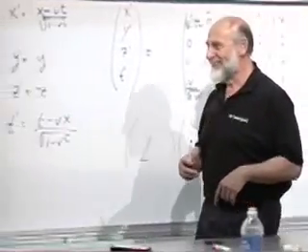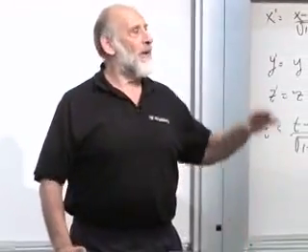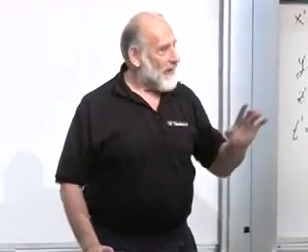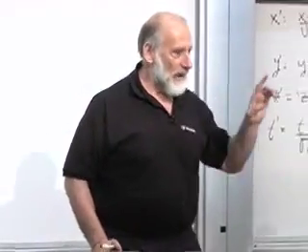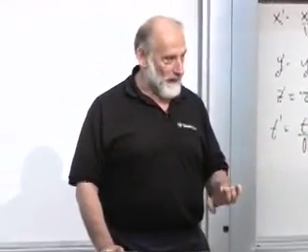V, me relative to you, u, him relative to me. Is that clear? I think you got it. All right. Then what's the transformation between him and you? What's the velocity that you will see him move with relative to you? Get me out of the picture.